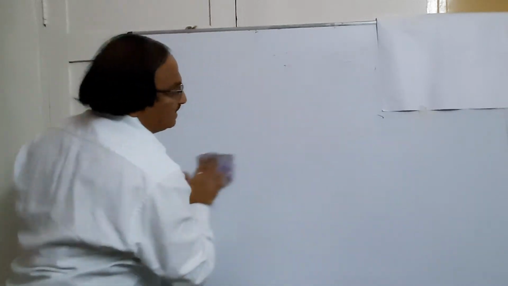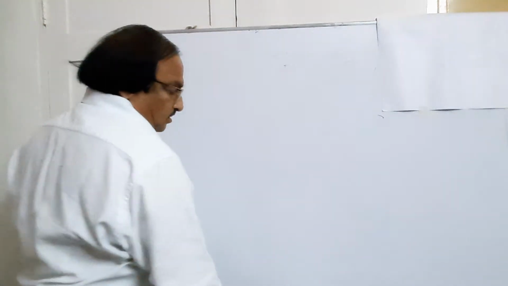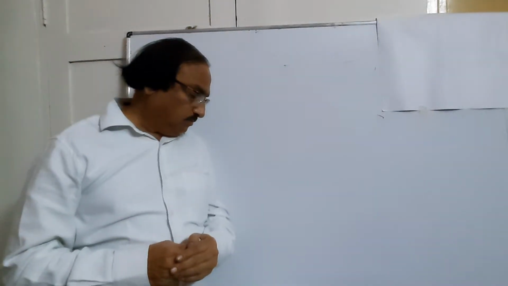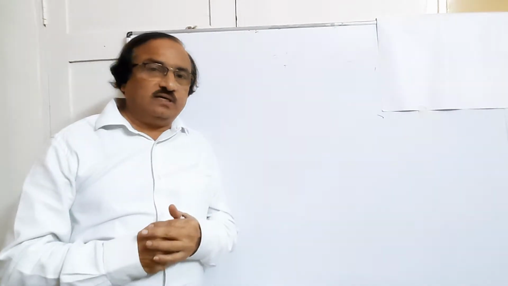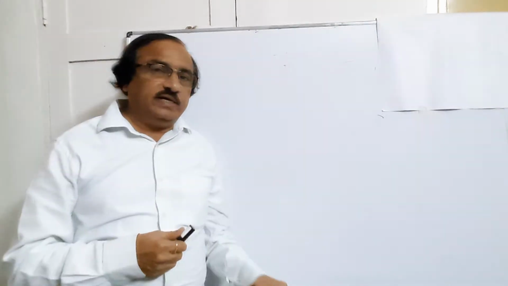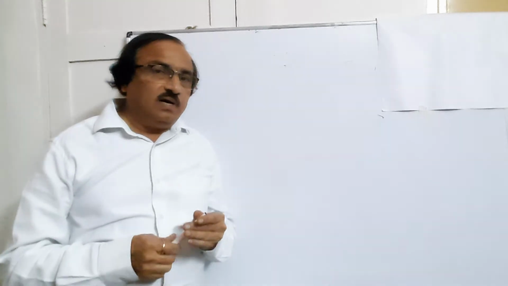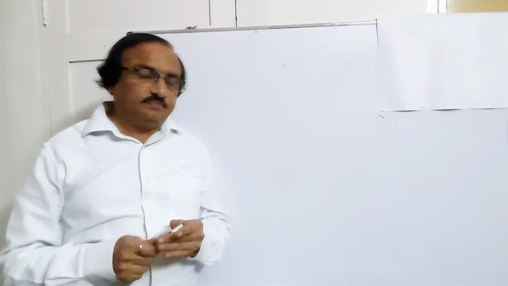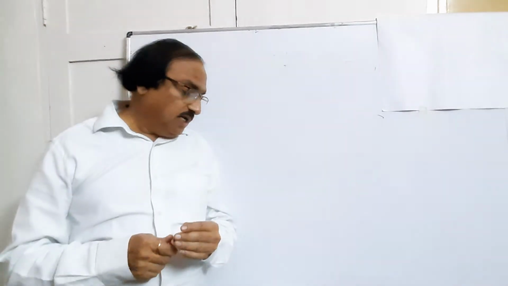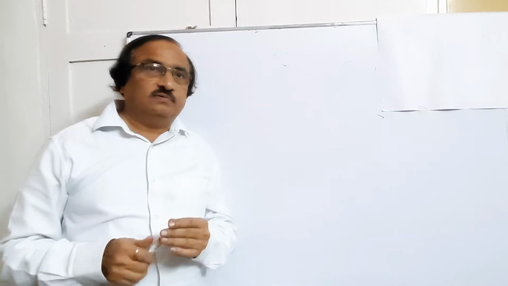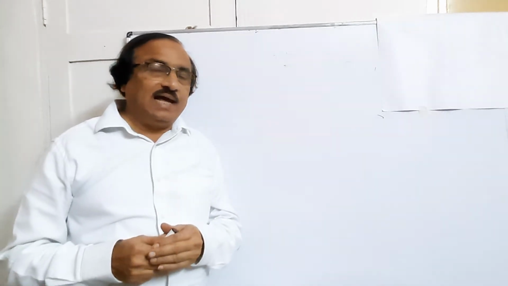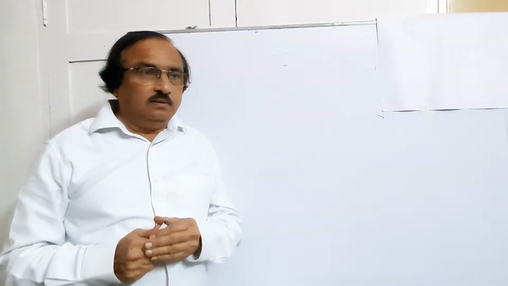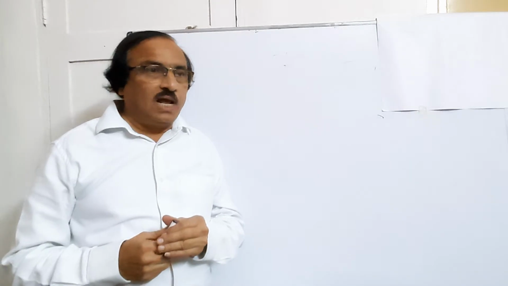Now going further, let us take a problem. Please take this problem in your notebook. A bar having two different circular cross-sectional areas is carrying an axial force of 10 kilonewton as shown.